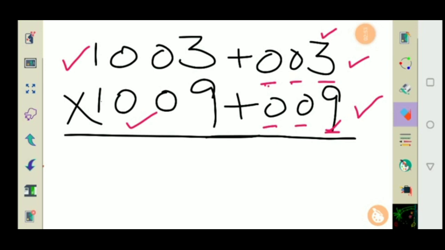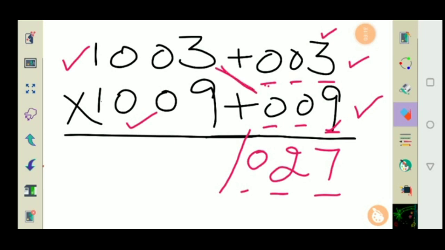Next step, you already know, you are having a lot of practice, I think. So here, let's do the multiplication. Multiply 3 by 9, you will be getting 27. And I need 3 zeros, so I am writing 027. Again add 1003 with the 9, this diagonal number, or you add 1009 with 3.